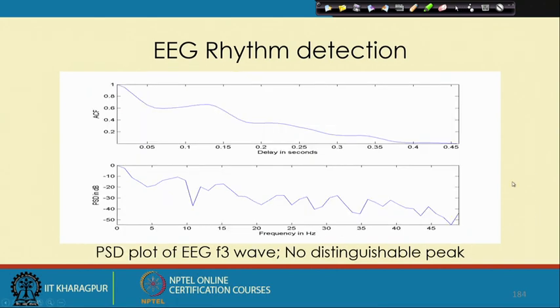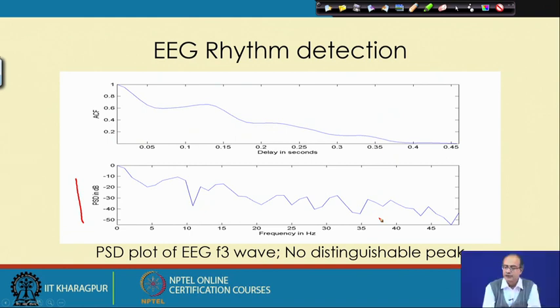Now we compute the PSD of that, and here we give the PSD plot. We get the same kind of nature, a drooping PSD; we do not get any peak. The maximum is at 0 frequency, which only signifies that there is some DC component in the signal, nothing more than that. So, we should not consider that a peak.